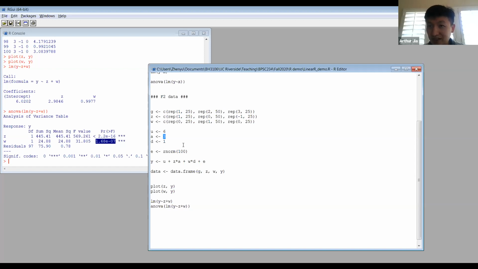But because of the existence of D, the dominant effect, the real G12 is not identical to the midpoint. The difference between them is defined as D, the dominant effect. Here, for example, it is 1. So the real G12 in this case should be 6 plus 1, which is 7.